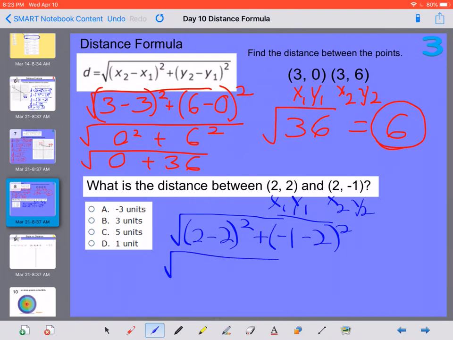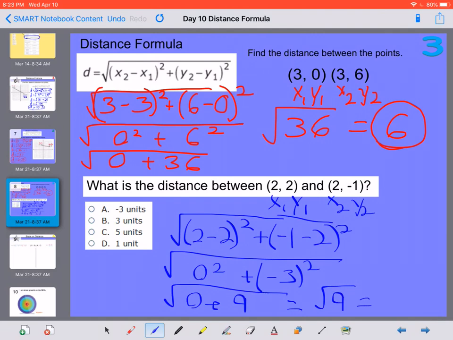So what we're going to have then is 0 squared plus negative 1 minus 2, that's negative 3 squared. So if we simplify that, 0 plus 9 is going to give us the square root of 9, which is 3.